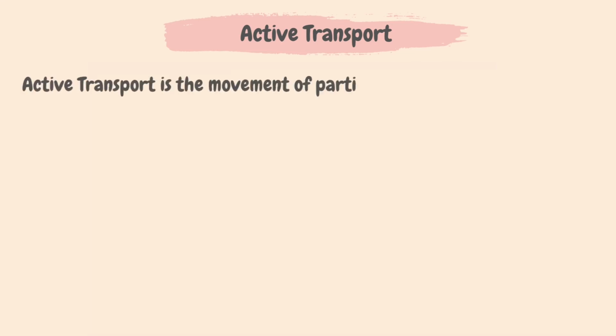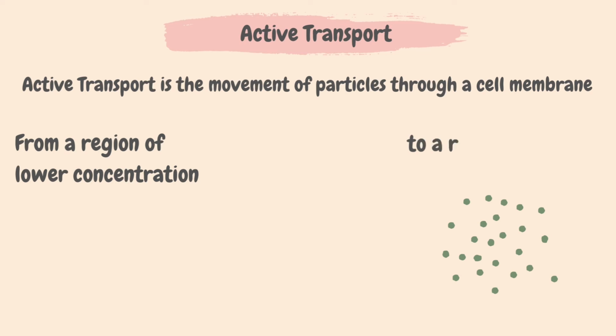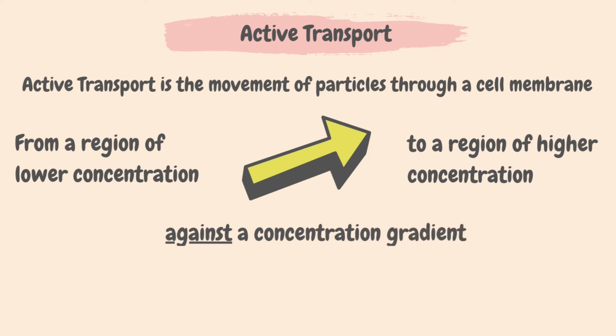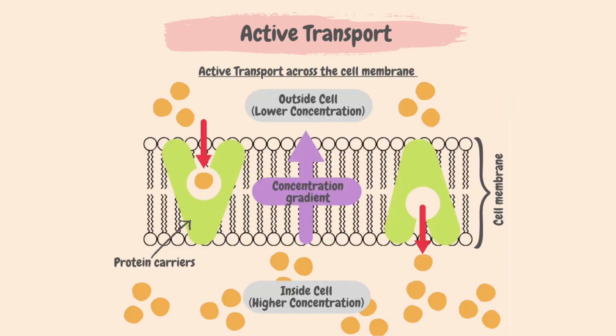Active transport is the movement of particles through a cell membrane from a region of lower concentration to a region of higher concentration, that is against a concentration gradient, using energy from respiration. Active transport uses energy to oppose the concentration gradient and forcefully transport molecules against it.